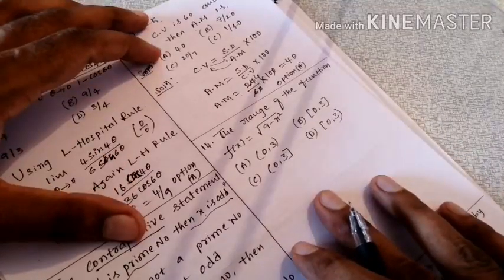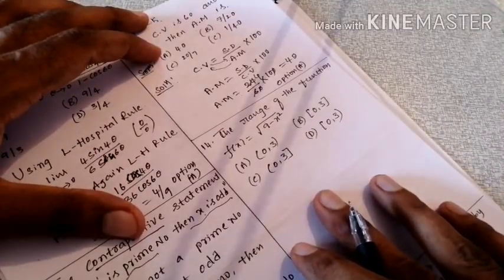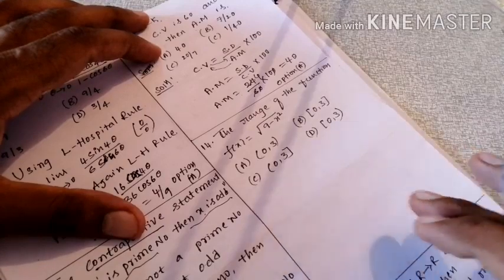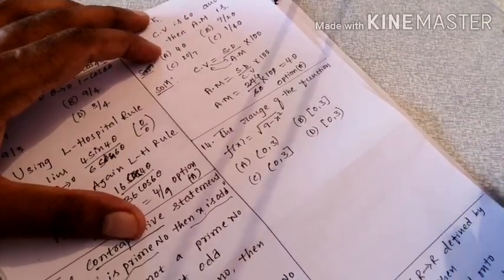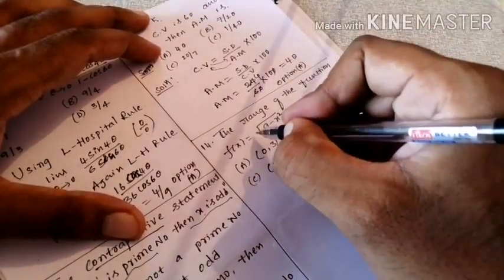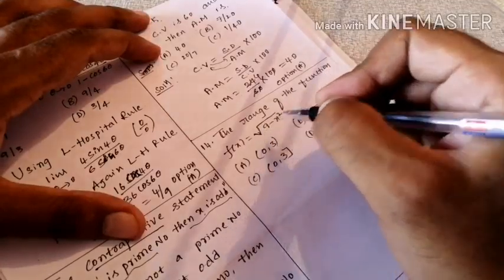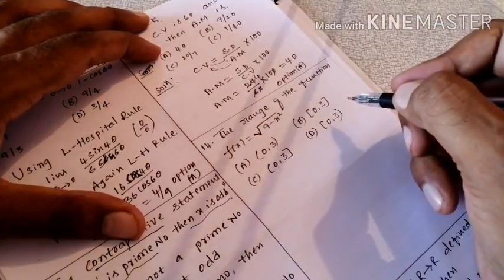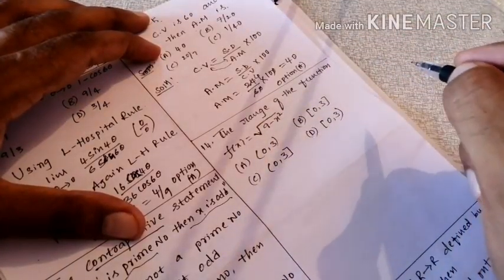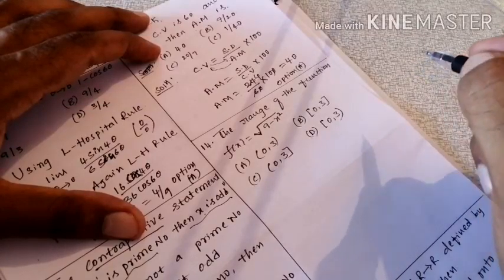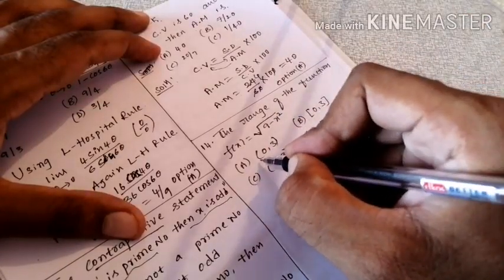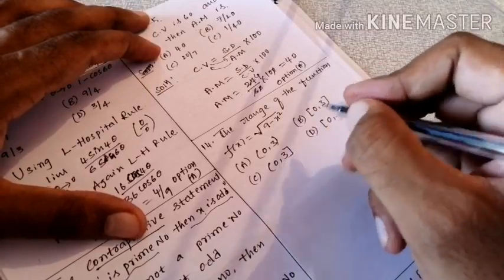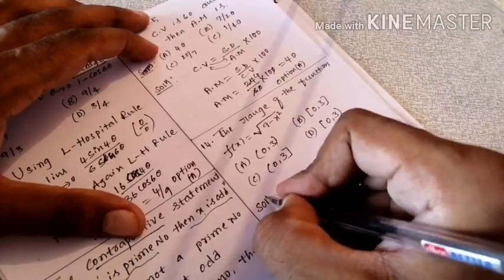Range of the function. My dear students, when you're finding the range of a function, you should know some basic properties. The main property of a root is, if you get a negative under the root, it is imaginary. So you should not get imaginary numbers, negative numbers. So you cross check and verify all the options, and you will get the answer.